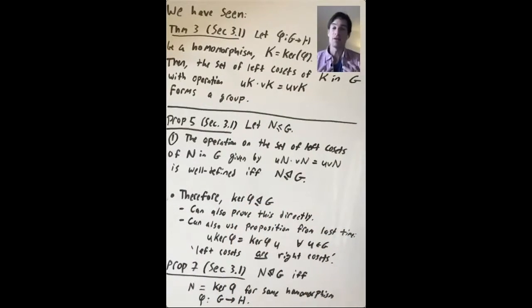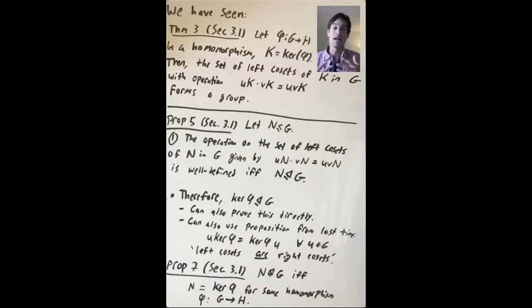So let me point out that you could also prove this directly from the definition of the kernel of a homomorphism. You can also use the proposition that we proved last time, where you wrote down the cosets of the subgroup of G given by the kernel of a homomorphism, and you saw that the left coset of the kernel containing u is the same as the right coset of the kernel containing u.